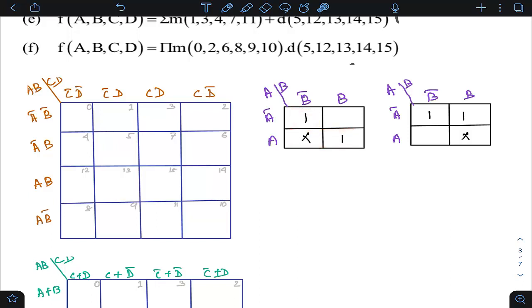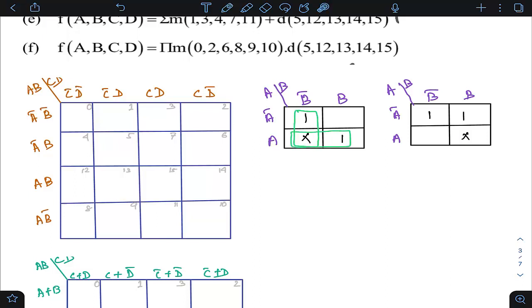In the previous case, when I'm taking don't care 0, you are generating two single terms, so each will contain two literals. But if I'm taking 1 here, I'll be getting one literal from this and one literal from this. So in this case, what is advisable? I'll definitely say you take this don't care value as 1. It is convenient because if we are taking don't care 0, we are not generating a pair, we are generating a single term, right? So this is one group and this is one group.